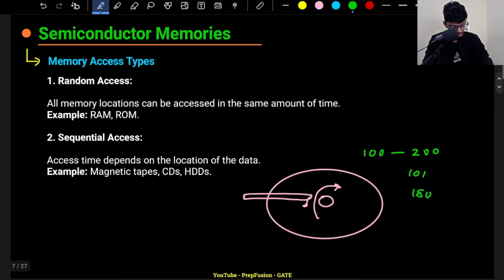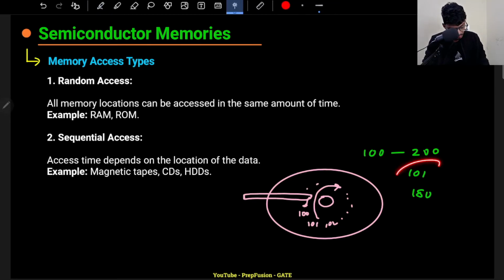Why? Because as this is rotating, initially this was location 100, and then it slowly increases: 101, 102, and so on. This is a complete circle.